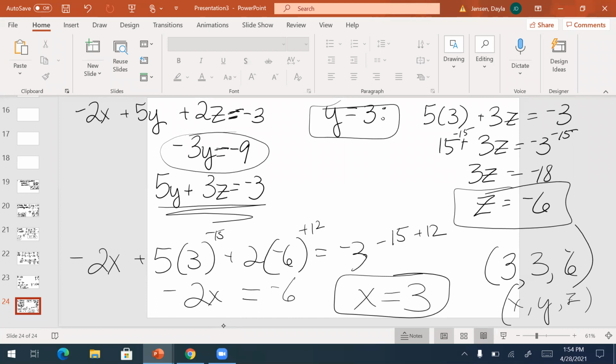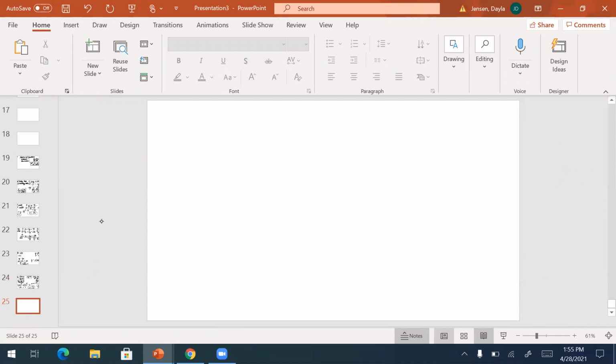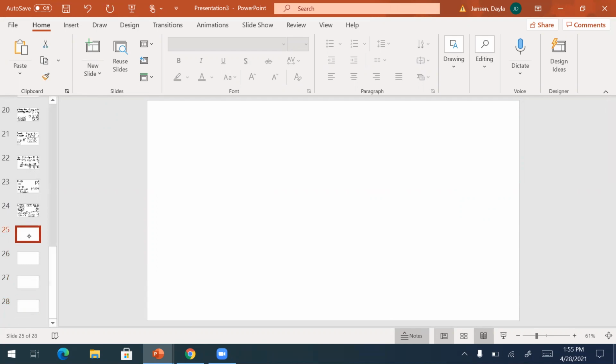What if I have a system of equations where I don't have one of my variables already solved? That one was nice.